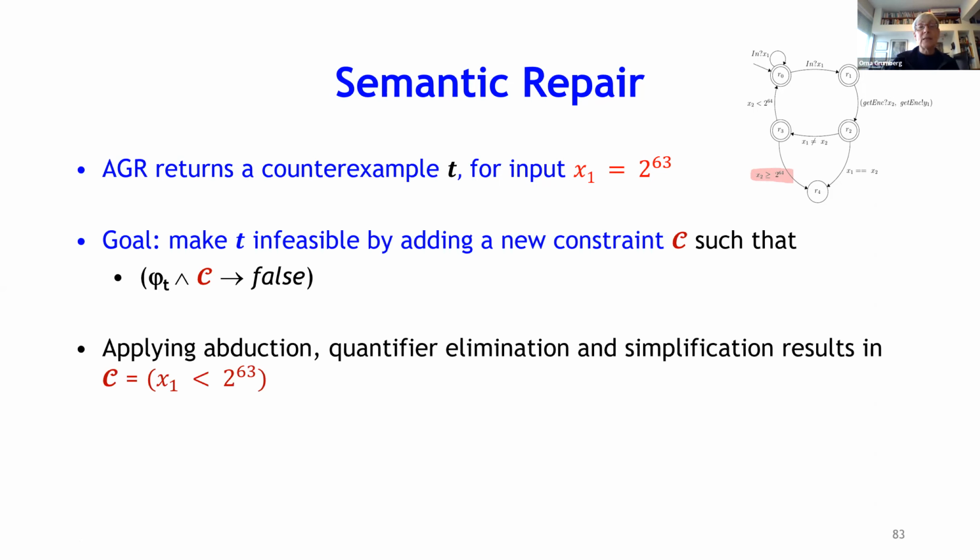We do it by using abduction. Abduction is a logical technique that can construct such constraints. We also use quantifier elimination and simplification, and the result is a constraint which is x2 smaller than 2 to the 63. This is nice because this is what we would expect as a constraint to make such a counterexample infeasible.